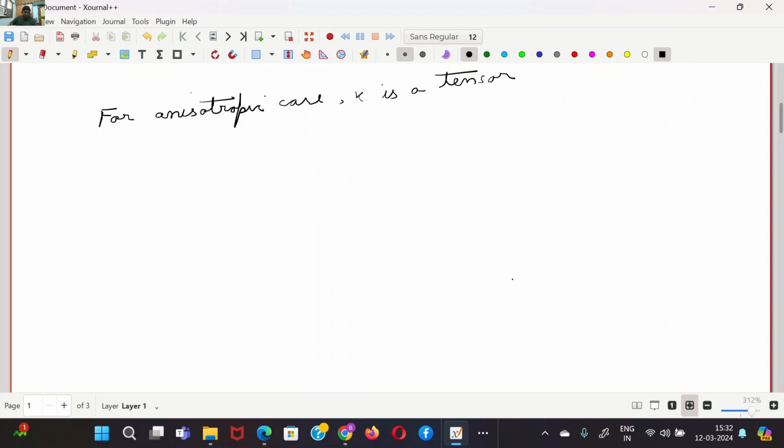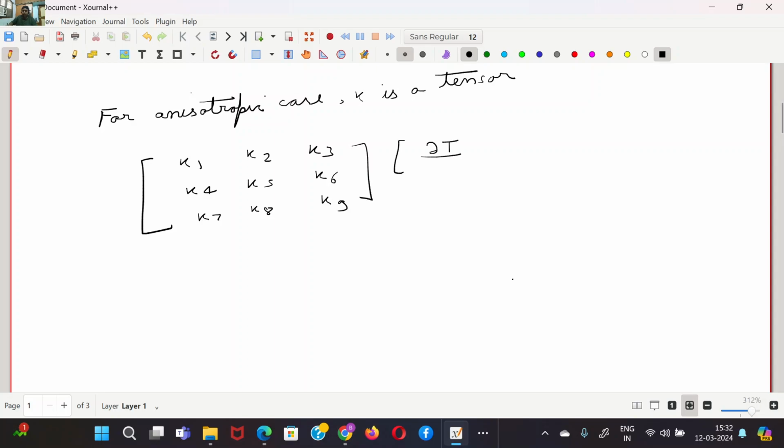So then you'll have to take a dot product. In this case, you'll have to take a dot product of the tensor and the gradient of T. So anisotropic means it'll have K1, K2, 9 different components of thermal conductivity, and dot it with the temperature gradient.